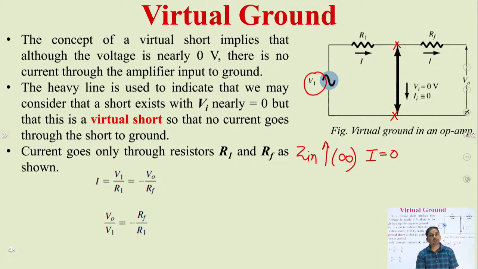Or if one terminal is connected to ground, naturally the other terminal is also virtually grounded. So we have the term virtual ground or virtual short. We are going to utilize this virtual ground concept to obtain various expressions corresponding to the summing amplifier, difference amplifier, integrator, differentiator, and so on, various types of arithmetic circuits.